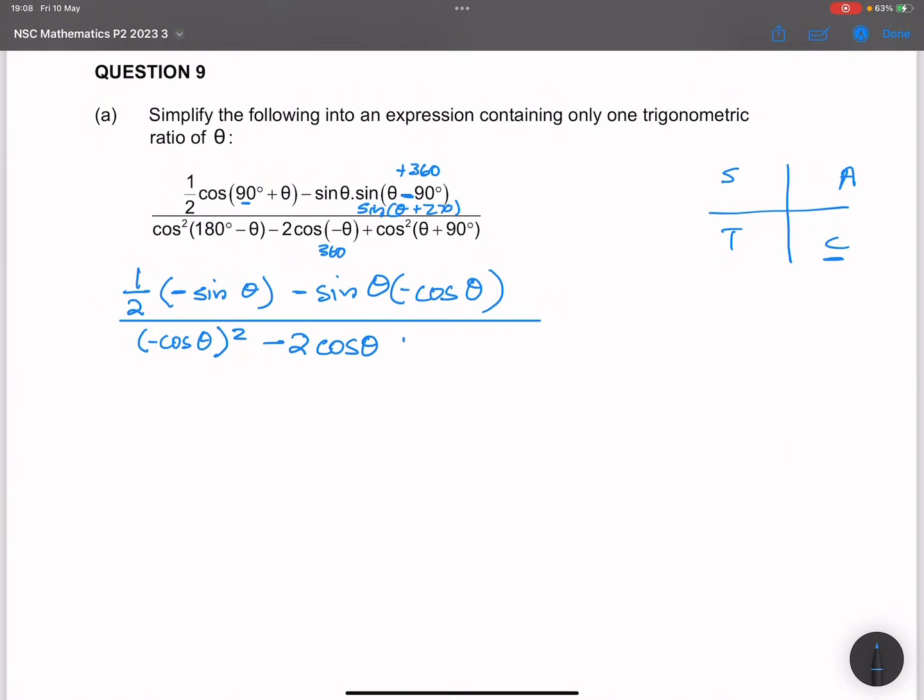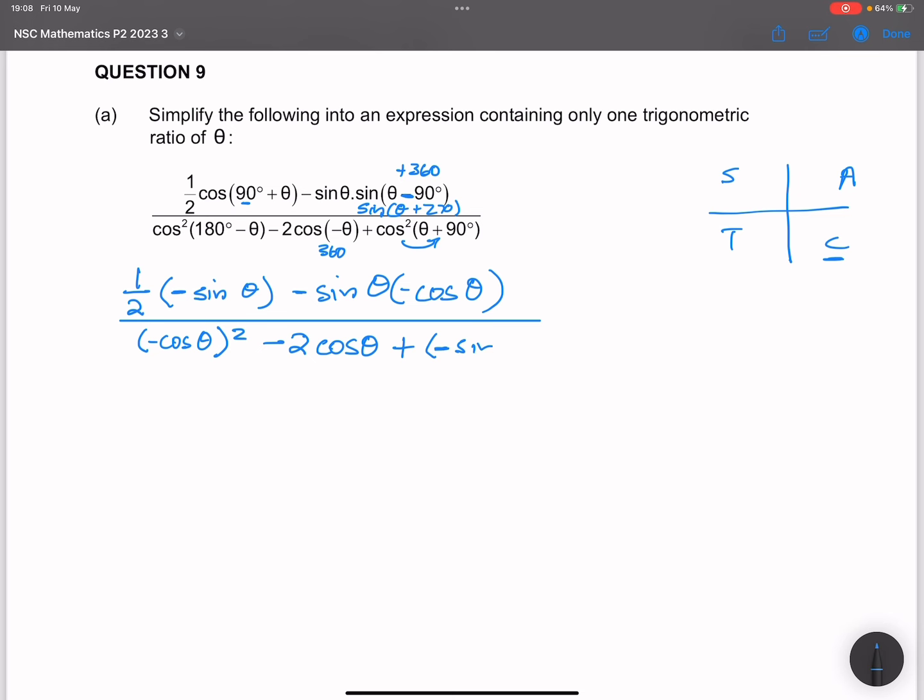Plus, again, we've got cos of 90 plus theta there, which would change to sine of theta. Cos is negative in the second quadrant. So this would be in the second quadrant, so cos is negative there. But remember, it changes to its co-ratio.